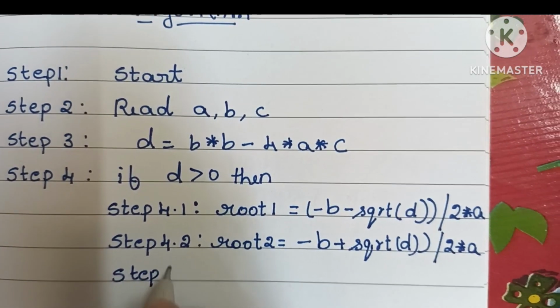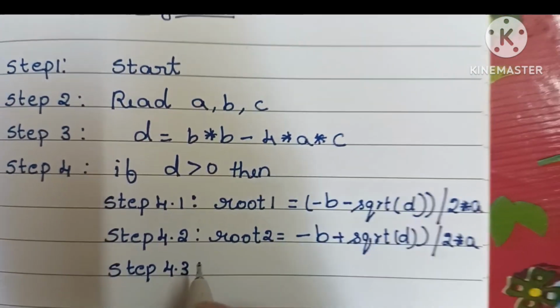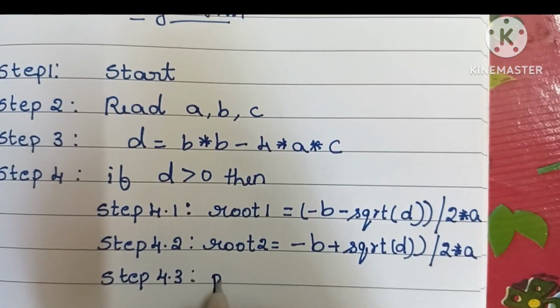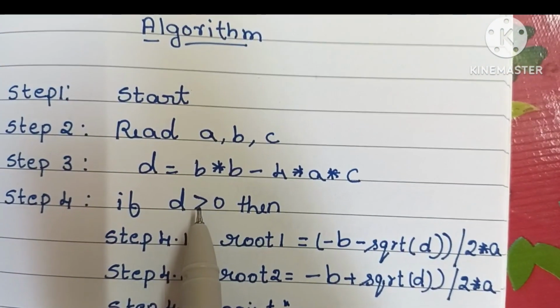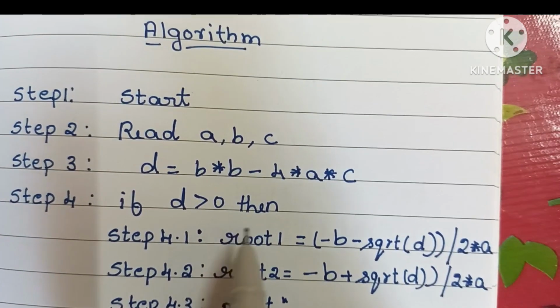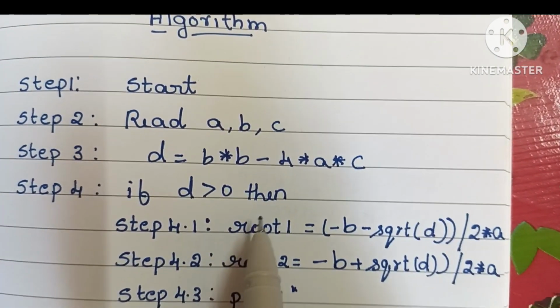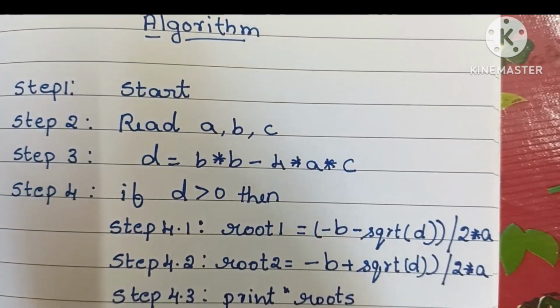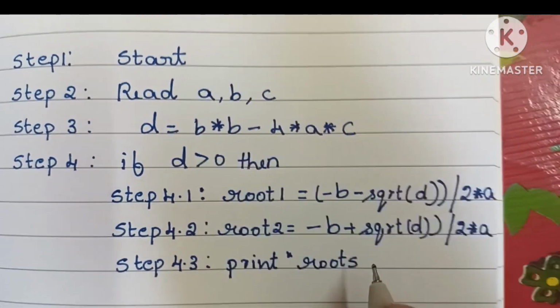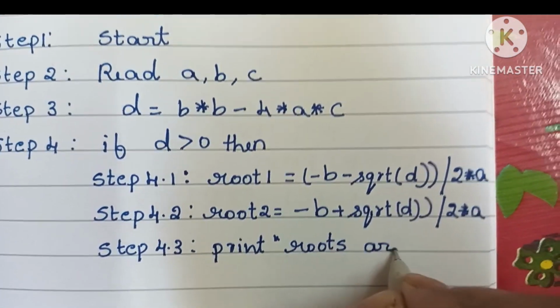In step 4.3, we have to print. If the d value is greater than 0, roots are real. So in step 4.3, we have to print "roots are real".